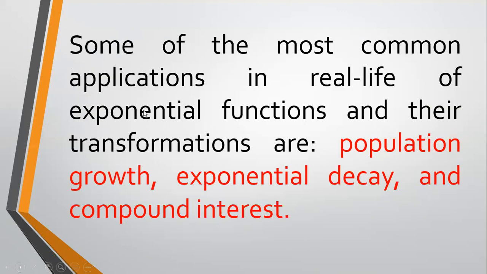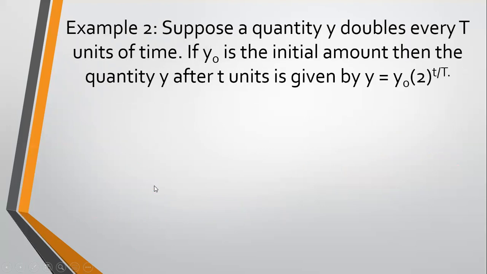Okay, so these are some real life examples by which we can apply exponential functions. We have population growth, exponential decay, which is just the opposite of population growth, and then compound interest. Let's have one problem.